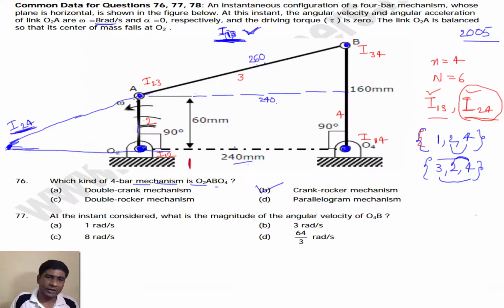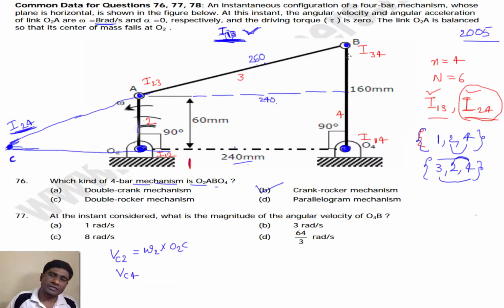So again I will consider link 2 as a very expanded disk in such a way that it also has the point I24, or let's say I will call this point C. It has a point C. So what is the velocity? What is the velocity Vc with respect to link 2? It is equal to omega 2 into distance O2C, and what is the velocity of the point C with respect to link 4?